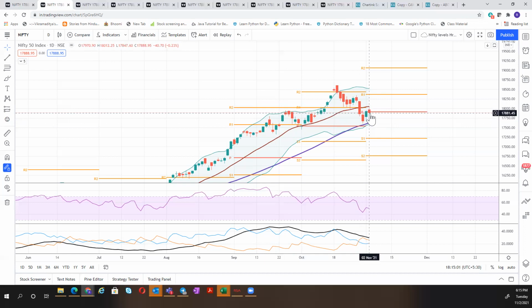So for tomorrow on the daily time frame, for tomorrow's pivot, if it sustains above the central pivot, you can expect a positive movement. Or if it is within today's range or below the central pivot, you can expect a negative bias or a negative downtrend in the market.